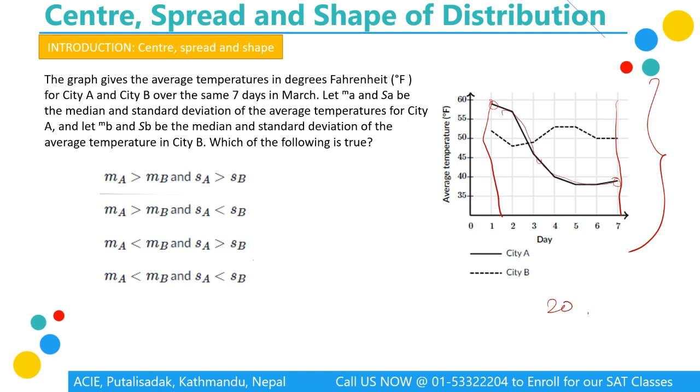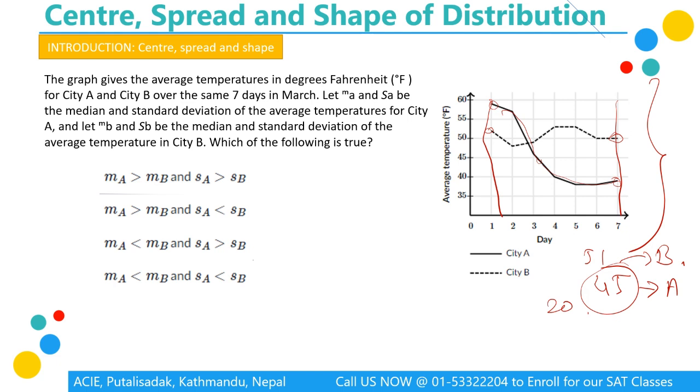Whereas in city B, the spread of the data is from 52, 53 to about 50. So comparing the variation in the data itself, इसको mean maybe 51 ounce होला, whereas इसको mean about 45 ounce होला for city A and for city B. If you're trying to find a very general answer, the variation is not that big.